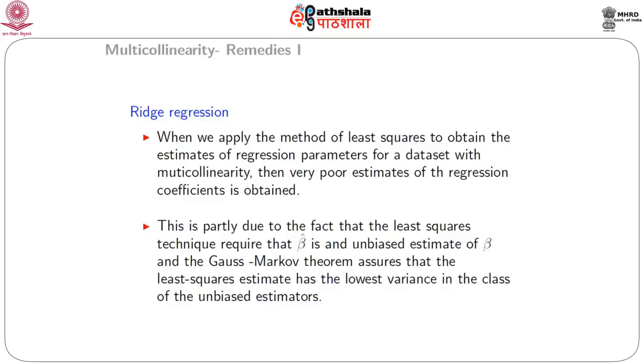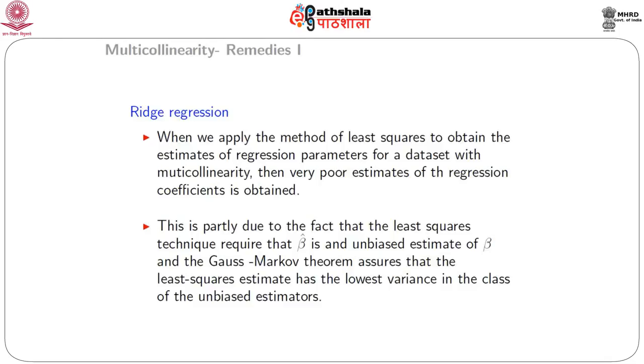Although these estimates, as I have mentioned several times before, are unbiased, they are not efficient anymore. These estimates, although unbiased, are no longer the best linear unbiased estimators of the regression parameters. By best linear unbiased estimator, we mean the ones that have minimum variance among the class of unbiased estimators for the regression coefficient.